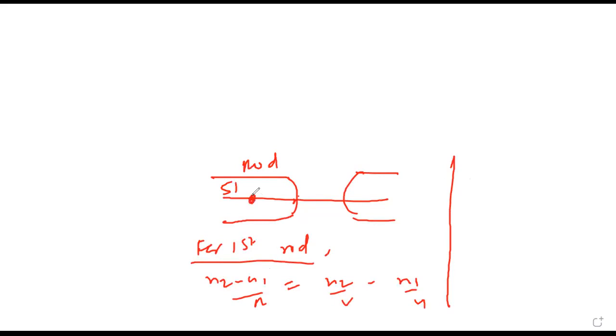From here the light will go outside. That means this is the first medium, this is the second medium. So can I say n1 is 1.5 and n2 is 1? The object is 50 centimeter on the left, so minus. Radius of curvature is 10, but the center is on the left, therefore minus again 10. Just substitute and tell what is v from here.